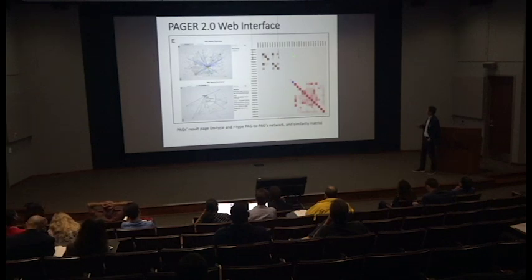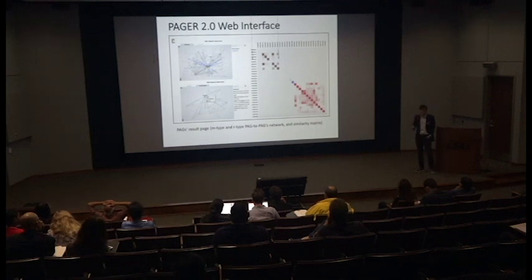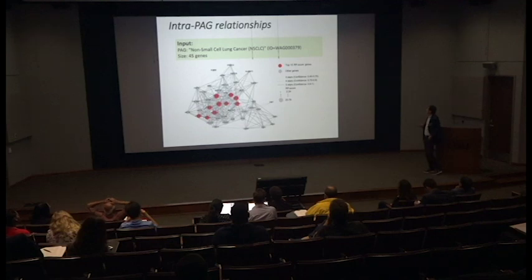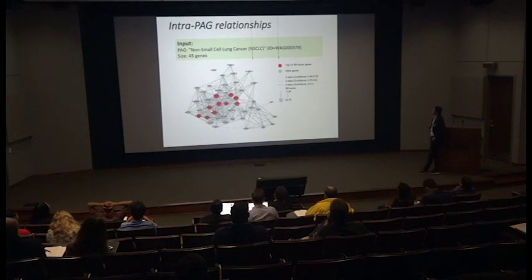You can look at the matrix, how the enriched PAGs relate to each other through shared co-membership relationships. In the figure that showed, you can show intra-PAG relationships, essentially a gene network inside a PAG.